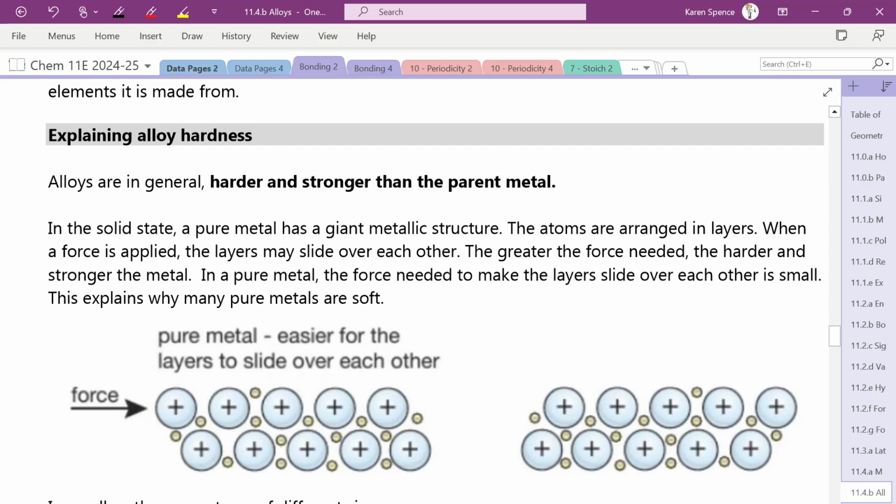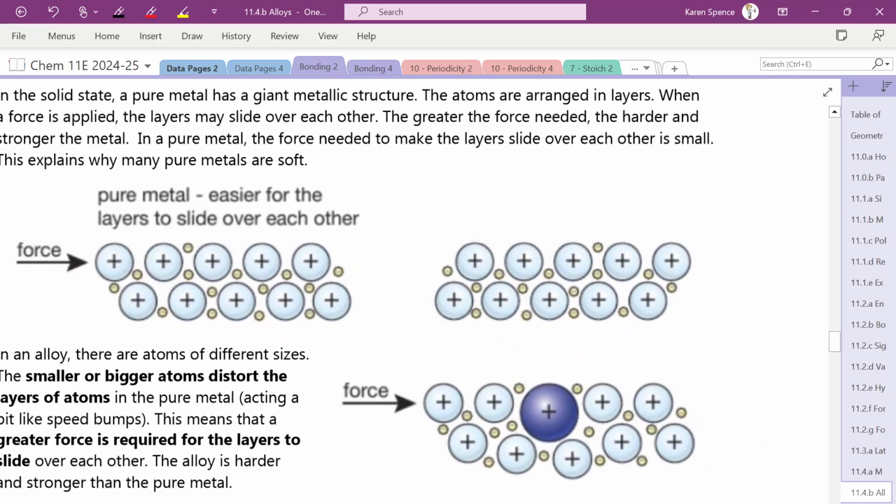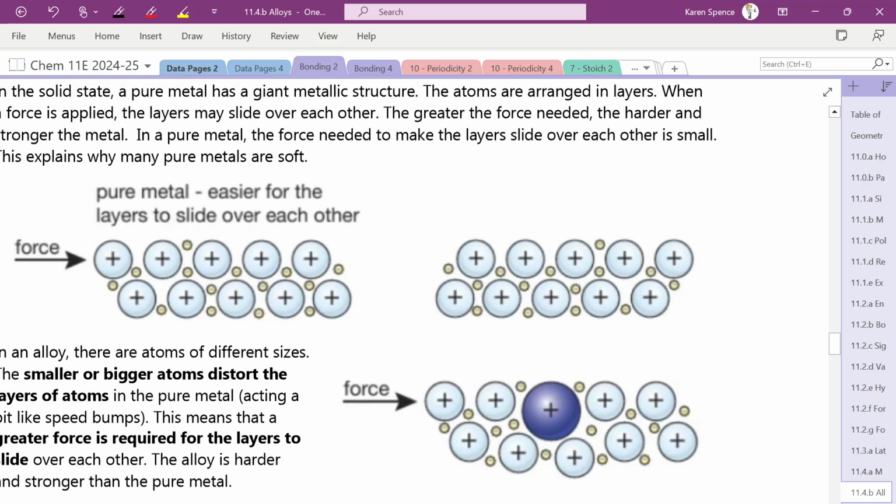Here is an example of the speed bump effect. If we put a force on this layer here, it will force that along, and you can see it just slides without too much difficulty. But if we put a force here, what's going to happen when this one tries to move? It's going to be like, right?